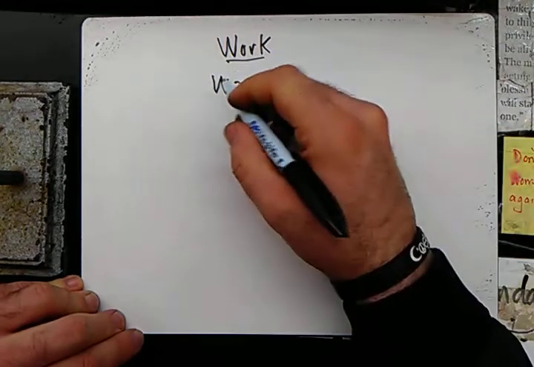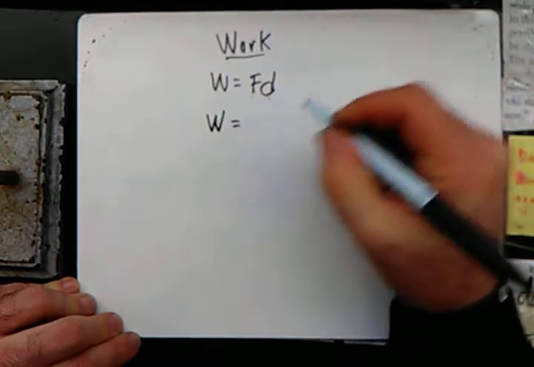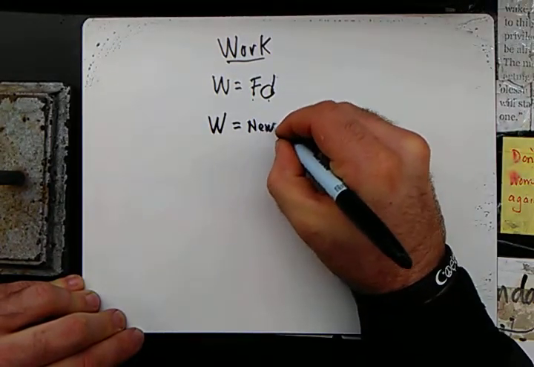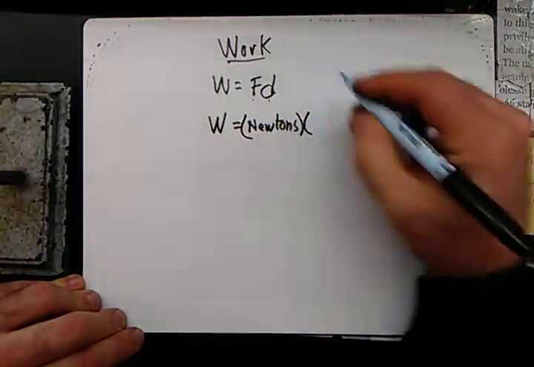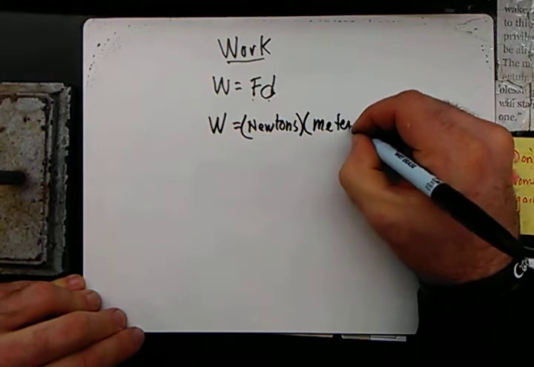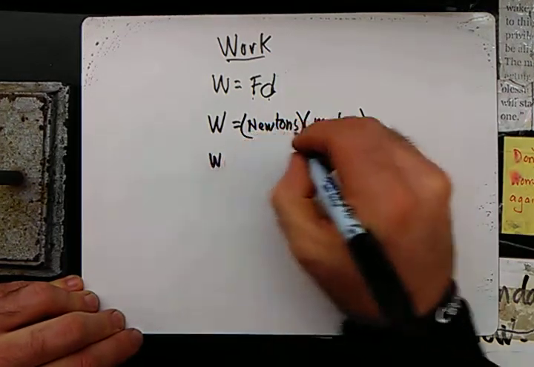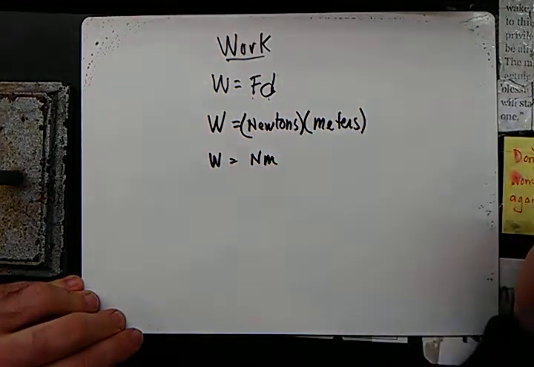So let's just break this down a little bit. So the units of work are equal to newtons times meters. So I could say that the unit of work is a Newton meter.